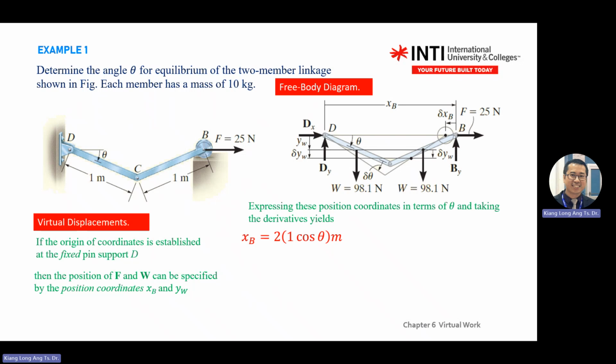So XB, this one equal to, if you cut this one, is XB theta. You know that each one is 1 meter, means that you have an isosceles triangle. Same side triangle, this one also theta.